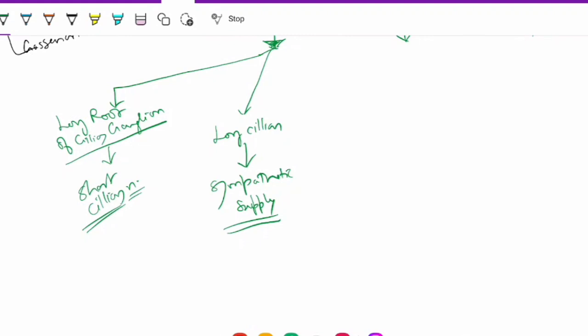Except for that secretion part, in almost all actions parasympathetic and sympathetic oppose each other. They both are responsible for increasing the secretions. Anyways, so the long ciliary nerve is the sympathetic supply.